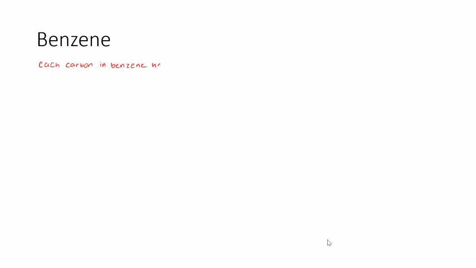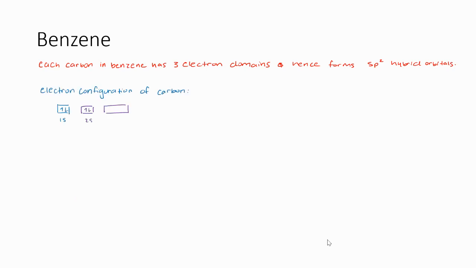Finally, we're just going to look at benzene. And we know that each carbon in benzene has 3 electron domains, and hence it will form sp2 hybrid orbitals. The electron configuration for carbon is here again. We're going to excite it to form 4 orbitals ready for bonding.